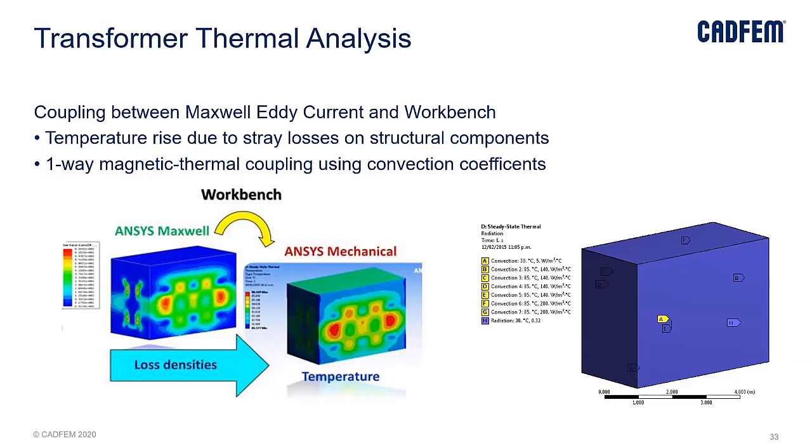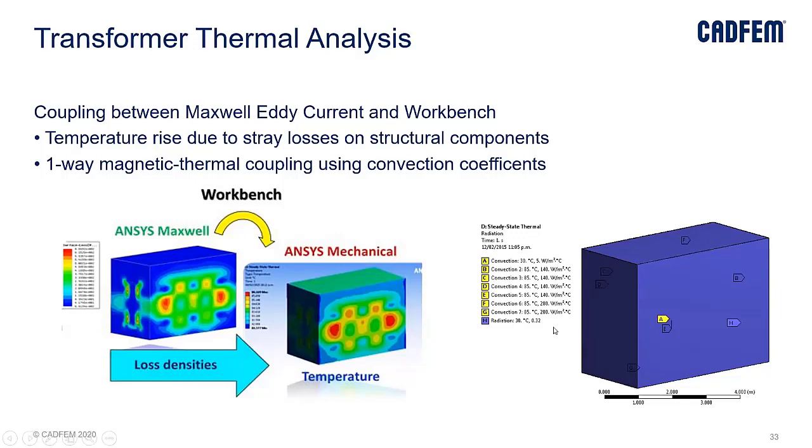So here you can see whatever losses we get in the transformer, whether the core losses or the stray losses, are being transferred from the electromagnetic side, and we are doing a one-way coupling from the magnetic to the thermal analysis using convection coefficients.